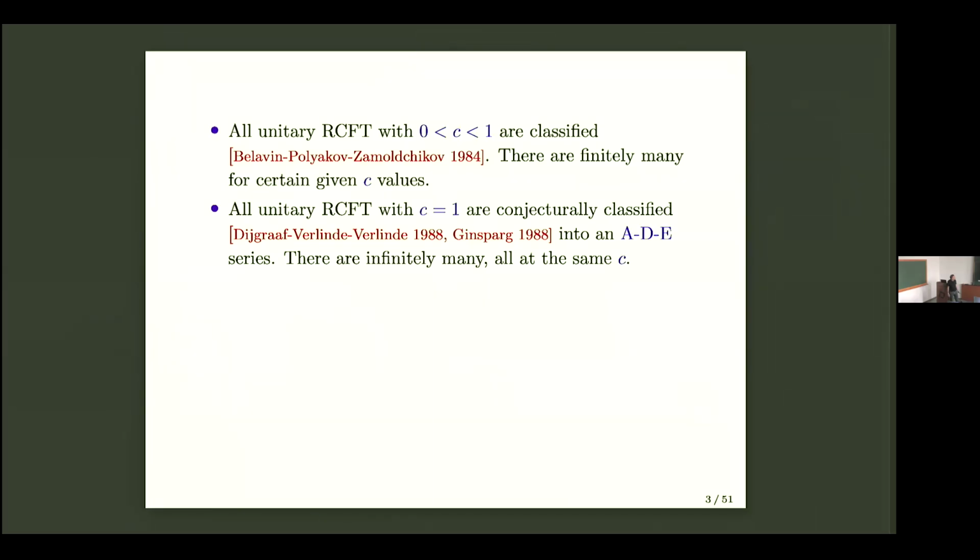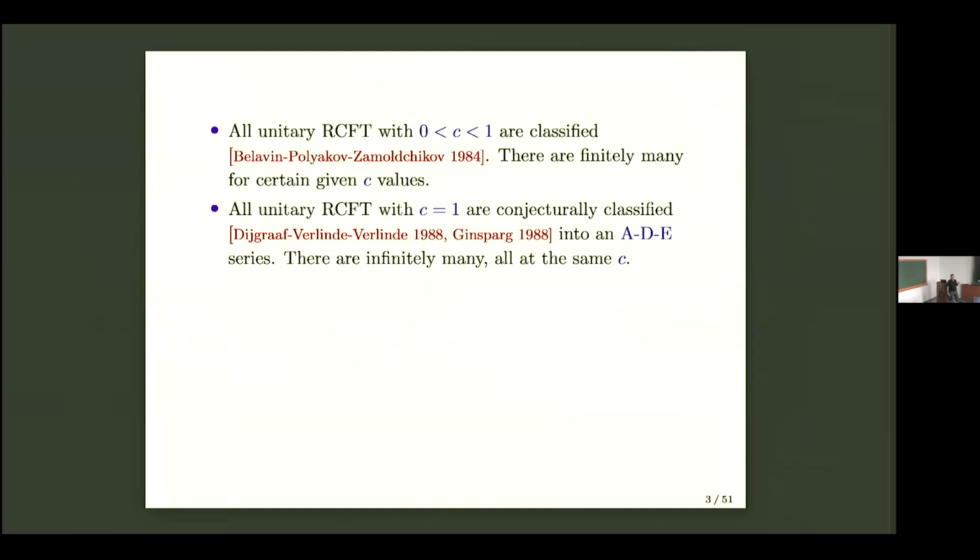Now at C equals 1, which is a famous barrier, all unitary rational CFTs with C equals 1 are conjecturally classified by these authors into an ADE series. And so there are infinitely many, all at the same central charge. I thought it was a theorem.